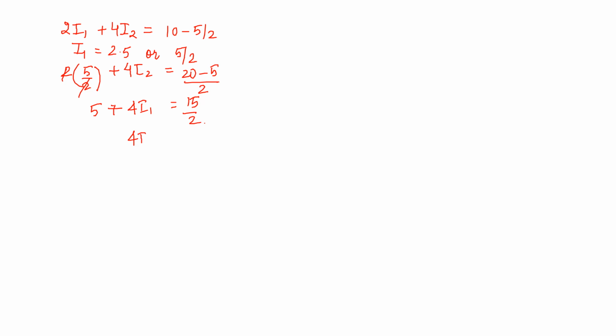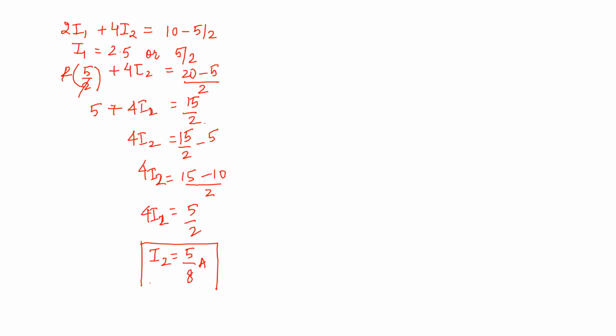We will have 4I2 equals to 15 upon 2 minus 5, which will be giving us 5 upon 2. Sorry, again I have made a mistake. This is I2. So the value of I2 will be 5 upon 8 amperes.